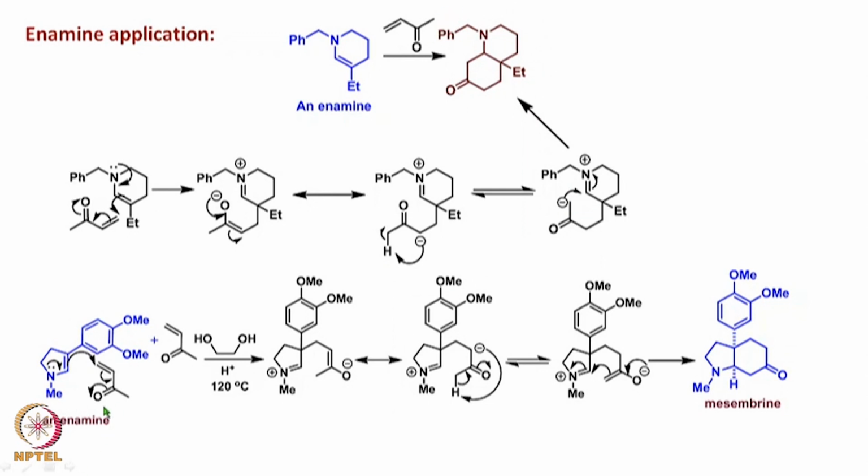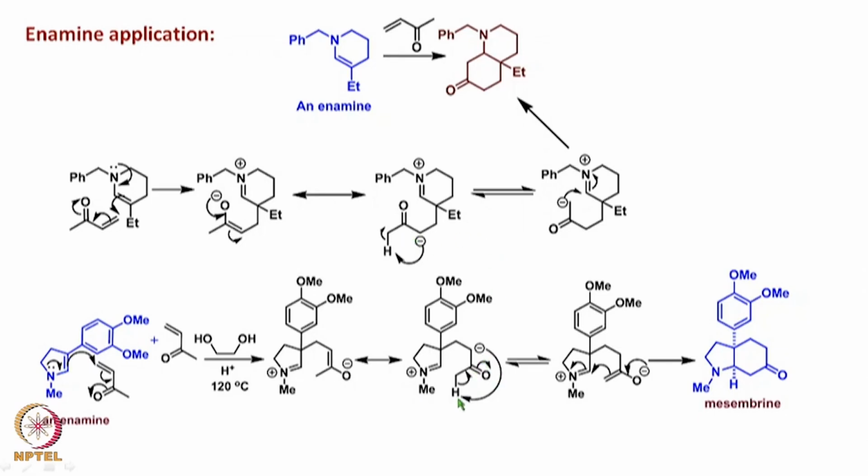In a similar fashion, if we take another enamine like this, it reacts with methyl vinyl ketone in ethylene glycol under acidic conditions at 120 degrees. Again the Michael addition takes place to form this enolate, which is in resonance with the corresponding carbanion like this, similar to what we observed here.